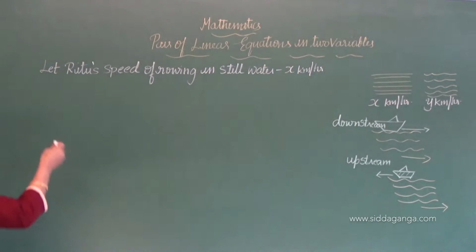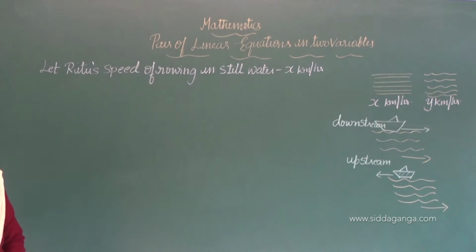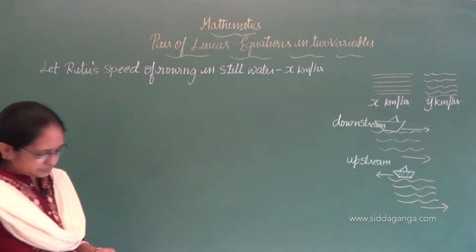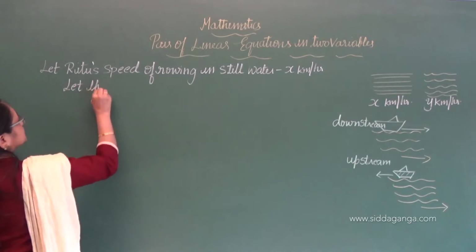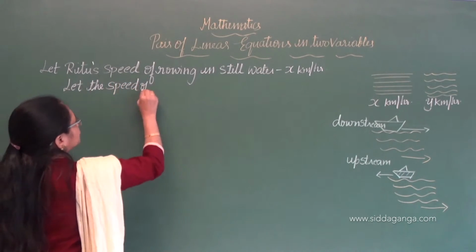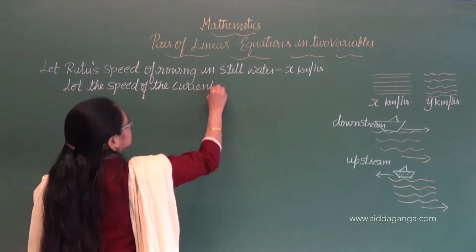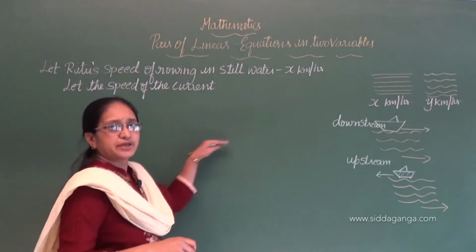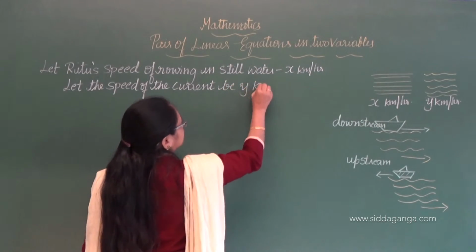Next, let the speed of the current, which I told you means the speed of the flowing water, be y km/h.